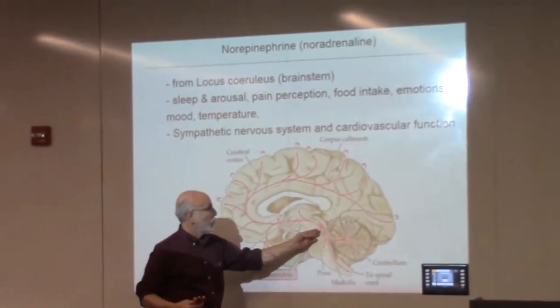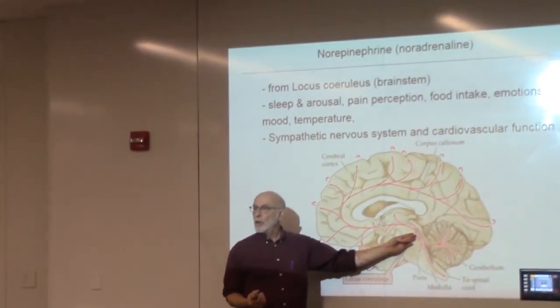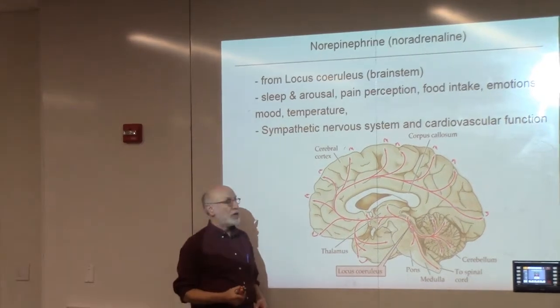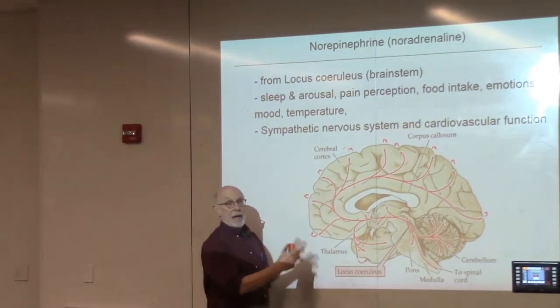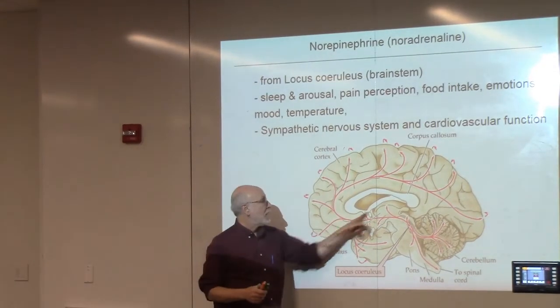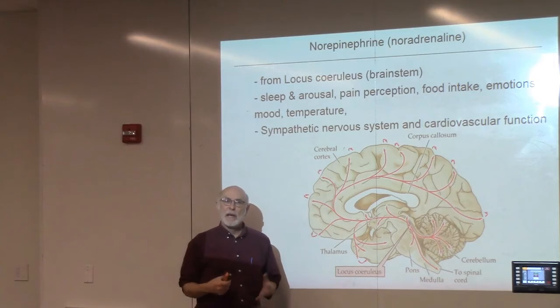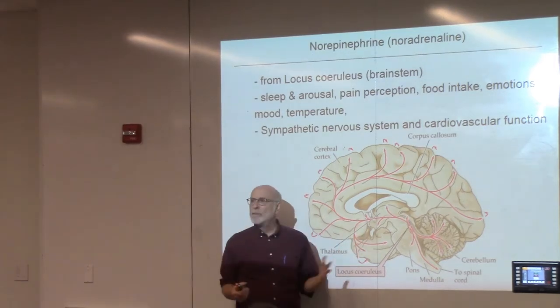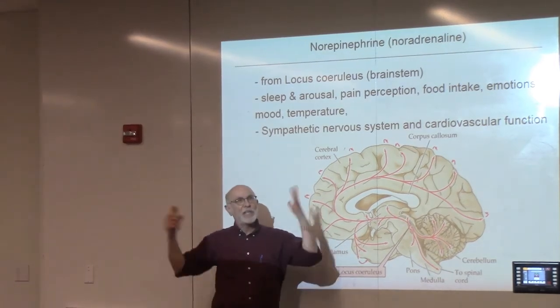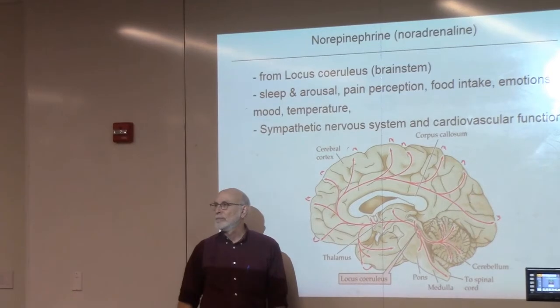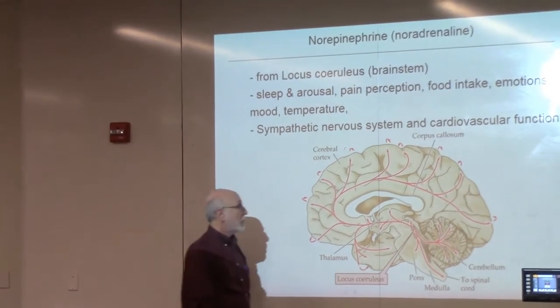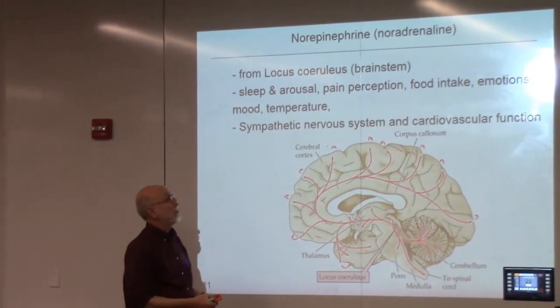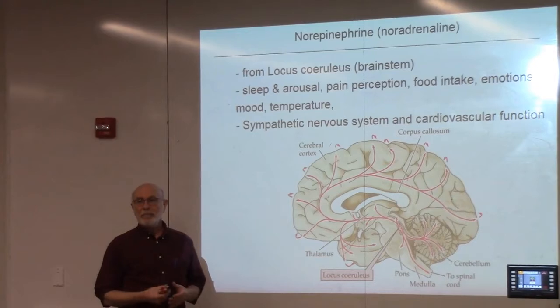The locus ceruleus is the location of the cell bodies of noradrenergic neurons, and the axons go everywhere, because as you can expect, something that is important for arousal is going to change the brain all over the place. So we don't have to talk about specific targets, because it goes everywhere.